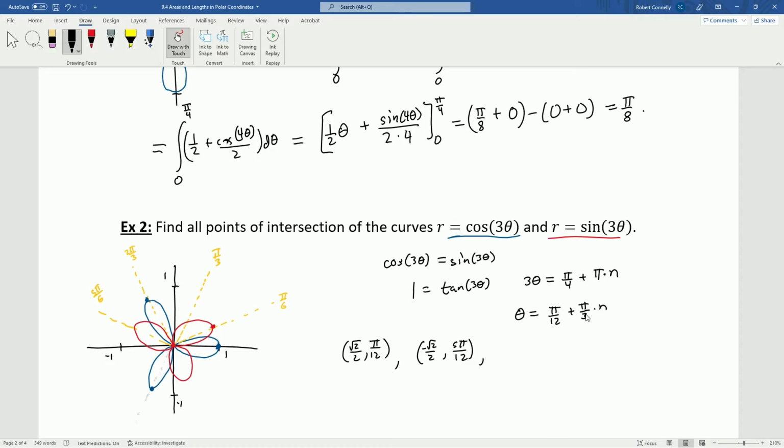So that's going to be 2 pi over 3, which is 8 pi over 12. So plus pi over 12, that's 9 pi over 12, which is 3 pi over 4. And then we multiply that by 3, so that's 9 pi over 4. So at 9 pi over 4, where do we end up? It's going to be a positive square root of 2 over 2.